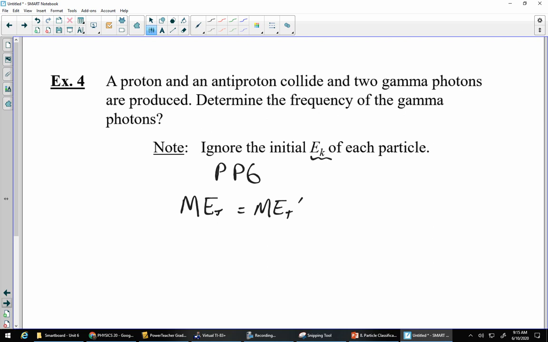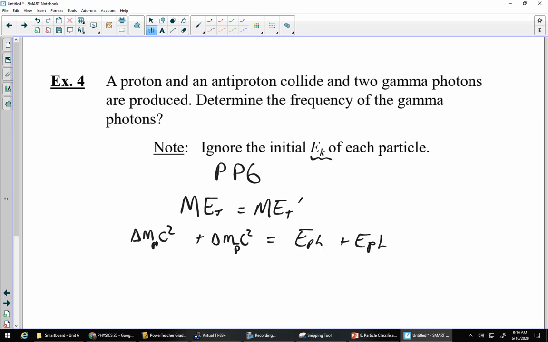So that's going to be my delta mc squared plus delta mc squared. I'm going to put one of these as a proton and one as an antiproton. And then on the other side of things, each of those turns into its own gamma photon: energy of a photon plus energy of a photon.